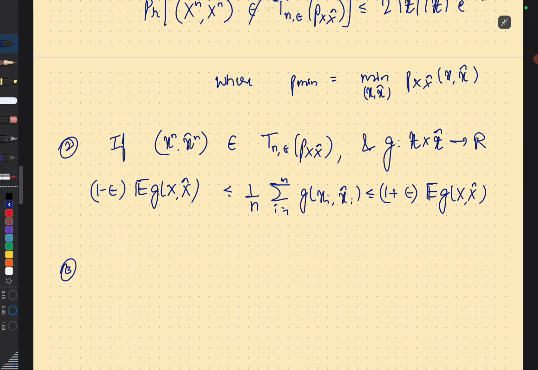Any questions? So there's nothing particularly new going on here. This is just a corollary of what we have already seen for normal typical sets.